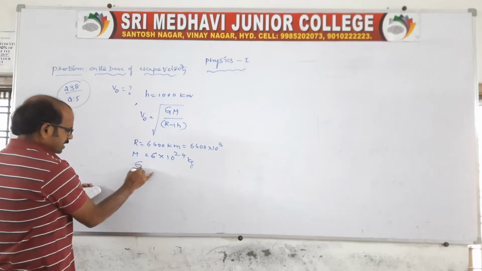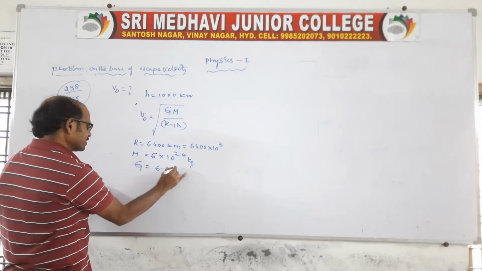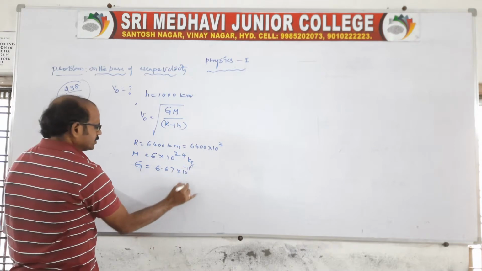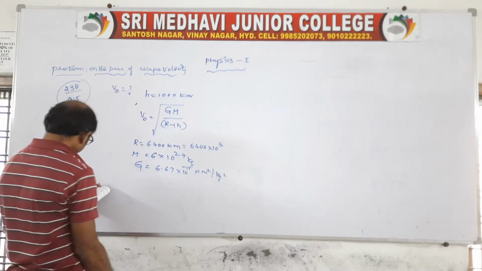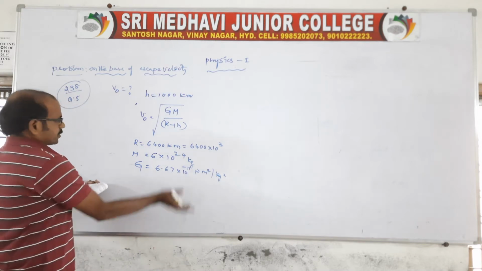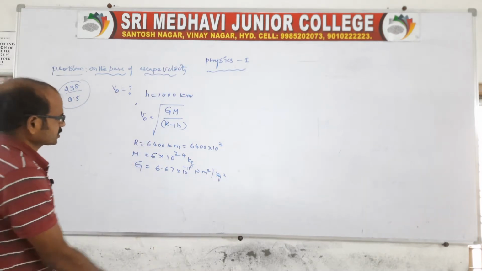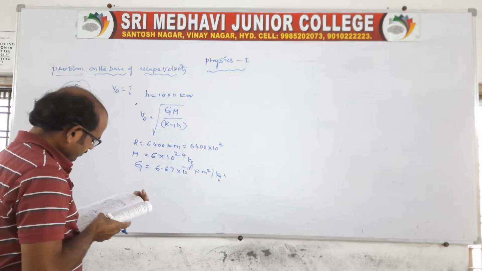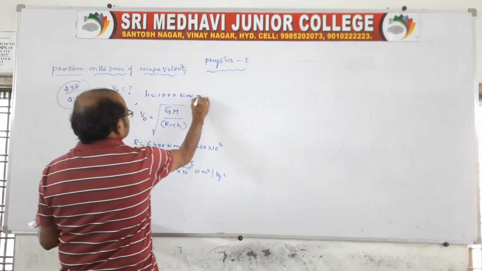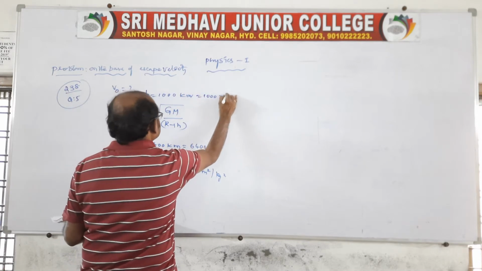And we know capital G is 6.67 into 10 power minus 11 Newton meter square per kg square. Now here you substitute these values, then we'll get the final answer, right? See, here the 1000 km is given, that you also write in meters, it is 10 power 3.